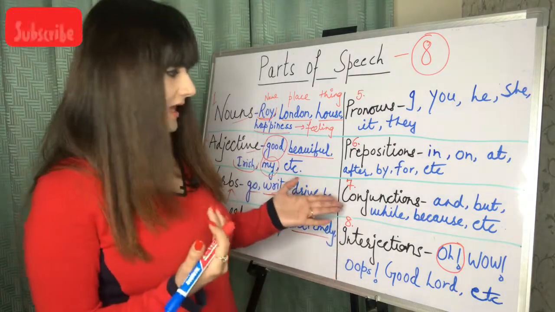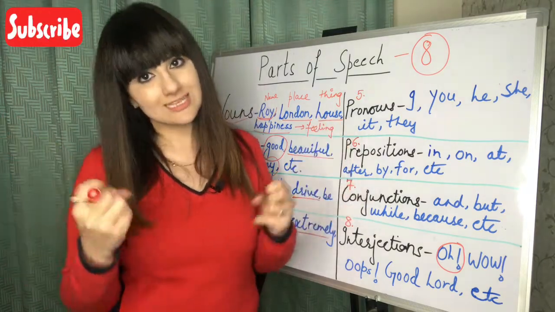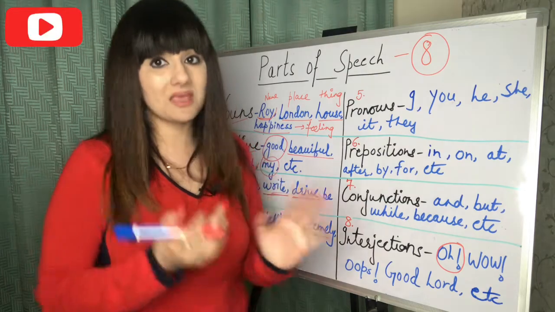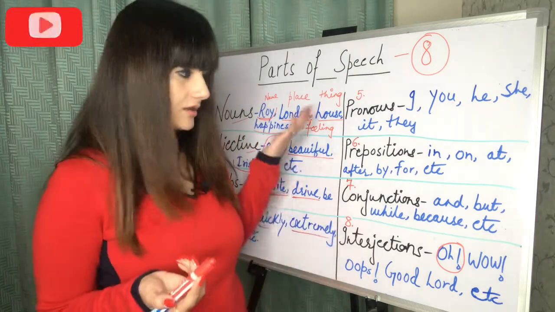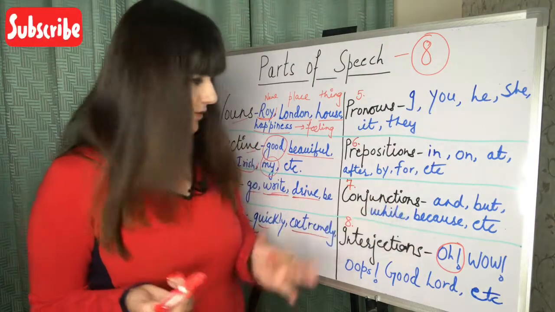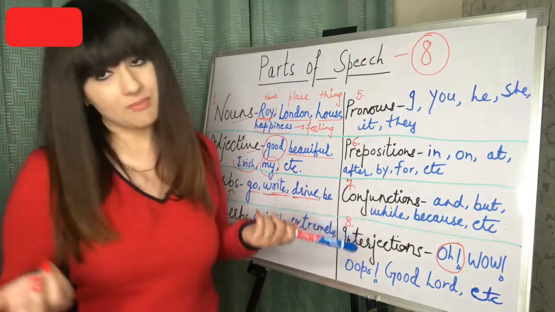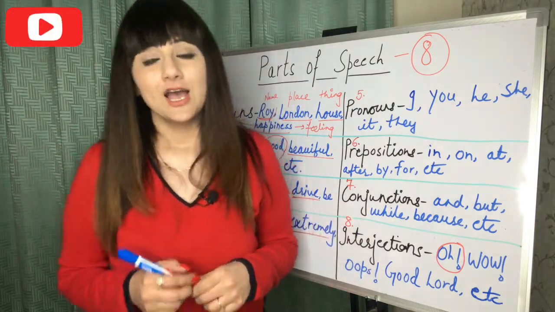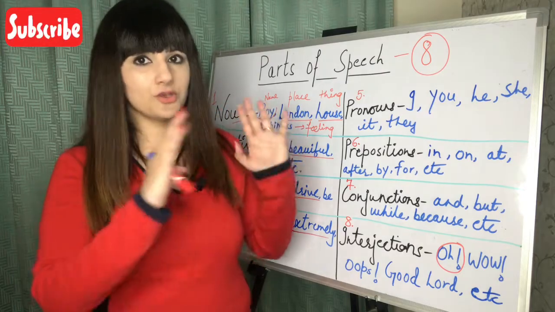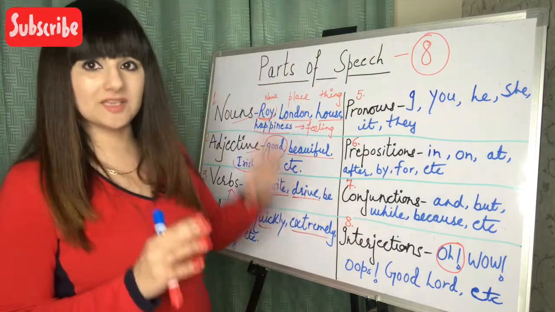Conjunctions, if I'm talking about just combining 2 sentences together, or maybe if I want to give any kind of reason, then I can use because also. Interjections, of course, express surprise or emotion. I hope you have understood all these parts of speech.